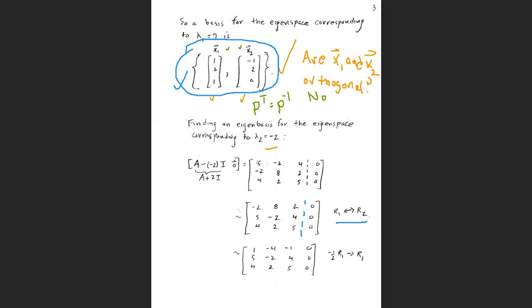That way I have this -2 at the top as a pivot. Of course, with partial pivoting, we use the largest number in a column as the pivot, but as humans, we use the smallest number. Now we take -1/2 times the first row and replace the first row by that result so I can get a nice number 1 here as the pivot.